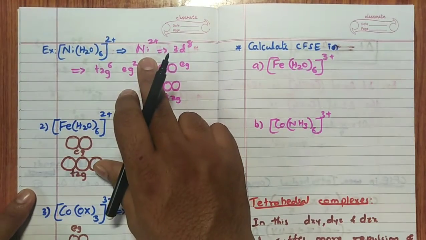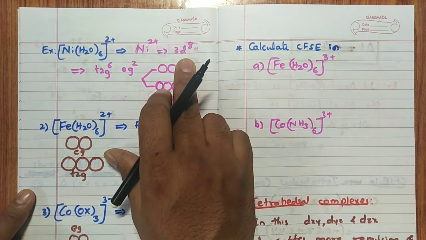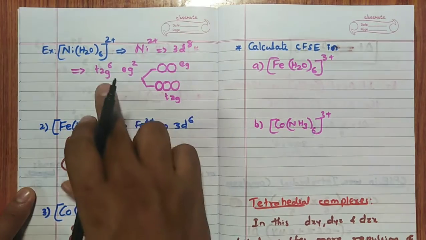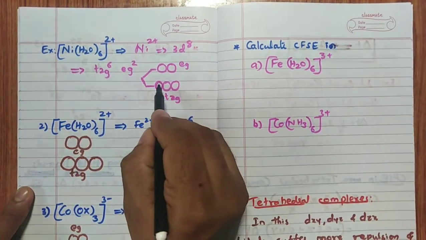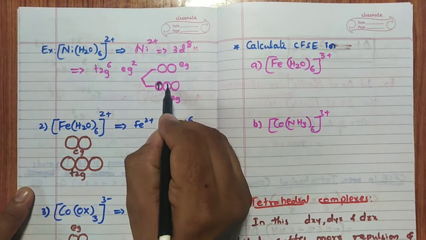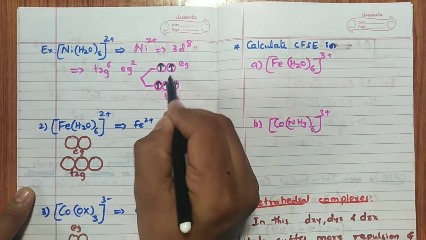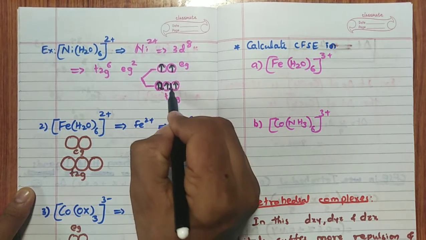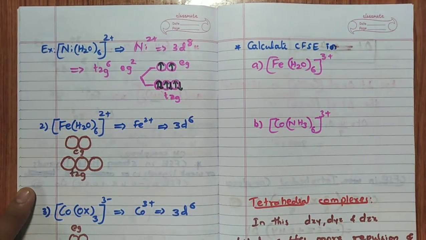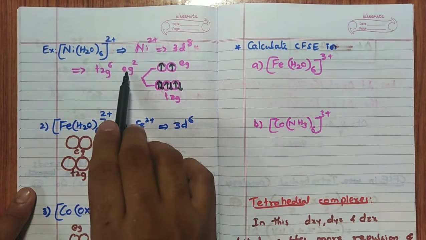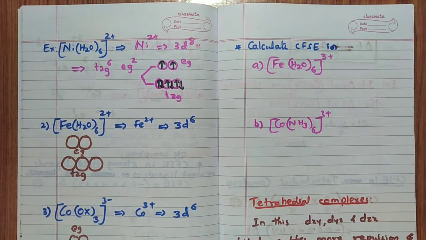So Ni2 plus configuration, 3d8 configuration, correct? So 3d8 means how you will fill? You have filled here like this, 1 electron each, 1, 2, 3, 4, 5, 6, 7, 8. Which means T2g6, Eg2. Fine.